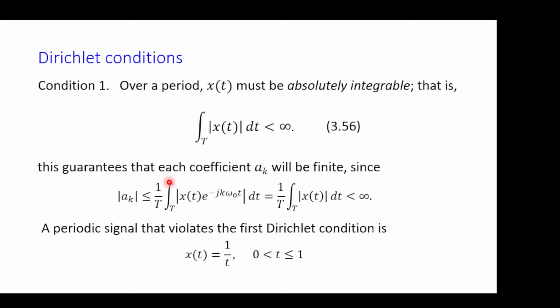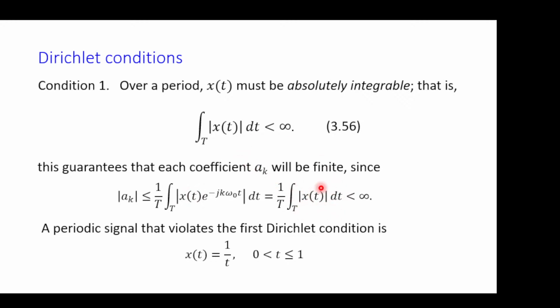So this guarantees a_k will be finite, because you can just check the derivation here. You take the absolute value of a_k, and you use the analysis relation, which is an integral of those things. You take the absolute value, and you can push the absolute value inside the integral, and that way you only make your thing bigger. Then the absolute value of the complex exponential is just 1, so you are left with the absolute value of your x(t).